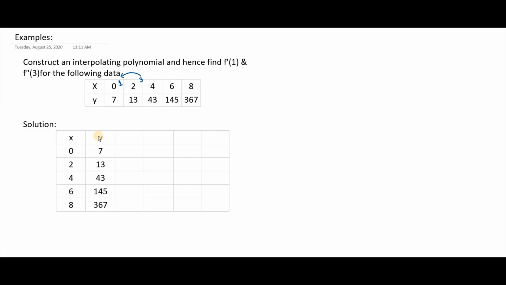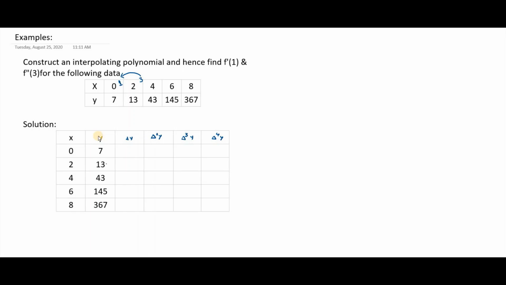Therefore 1 and 3 both are nearer to the first end of x. Therefore in this case we have to use the forward difference formula. So here I will write delta y, the second value is delta square y, the third value is delta cube y, and the fourth value is delta raised to 4 y.